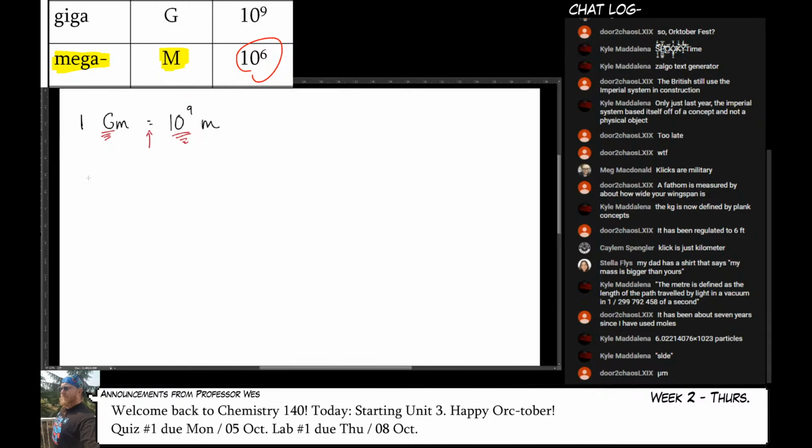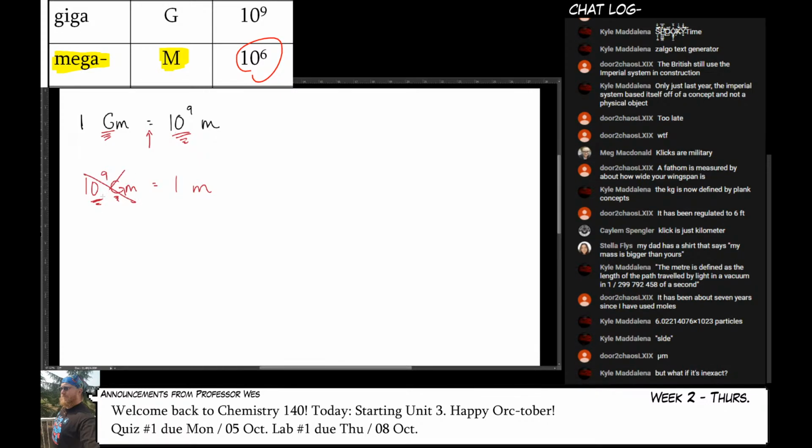If you do something like this, then you have them both on the same side, and that's not correct. That would not be equal, okay? So put the prefix on one side, the value on the other.